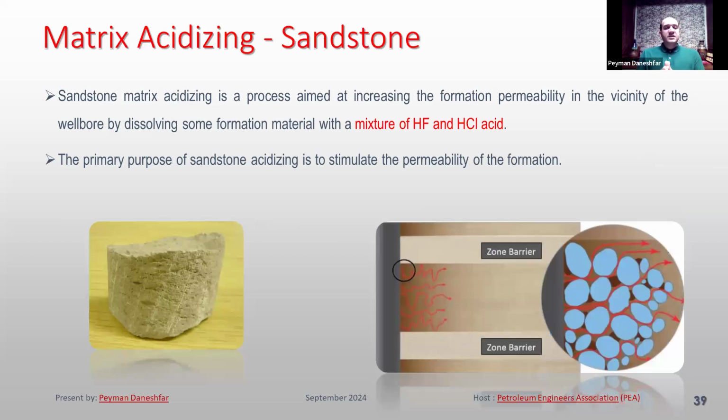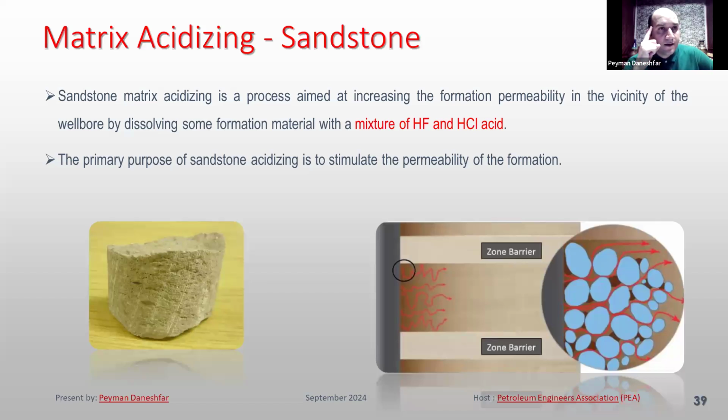In matrix acidizing in sandstone, our aim or goal is to increase the formation permeability in the vicinity of the wellbore by dissolving some formation materials with a mixture of HF and HCl acid, or mud acid. The purpose of sandstone acidizing is to stimulate the permeability of the formation.